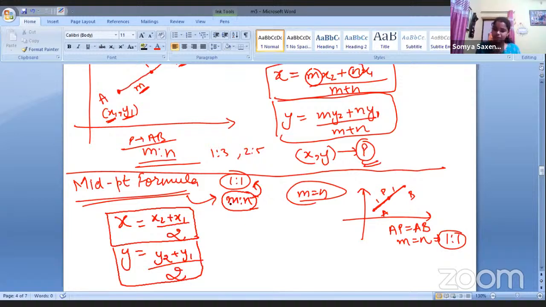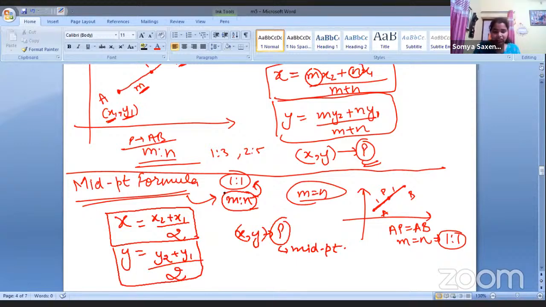And we can definitely put the values of m and n as 1 and 1, and we can get this particular coordinate. And once we get it, P would be the midpoint, right? So it is a special condition of this point, 1 ratio 1.